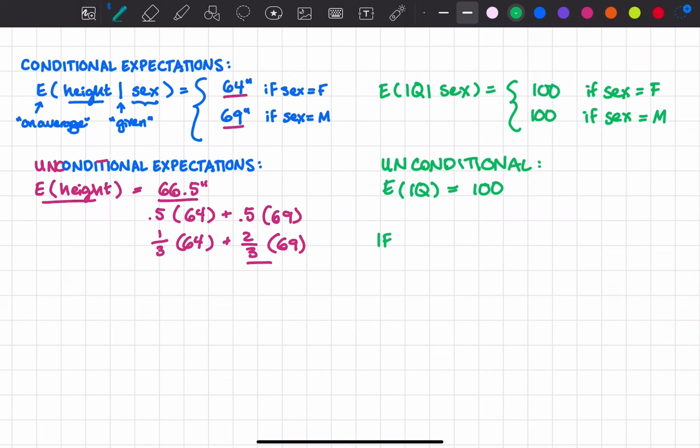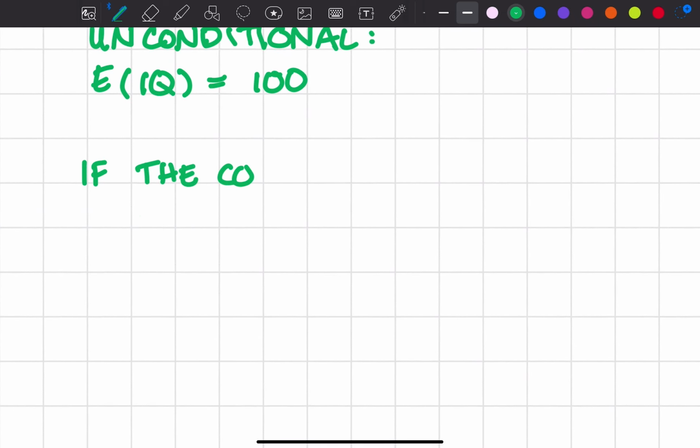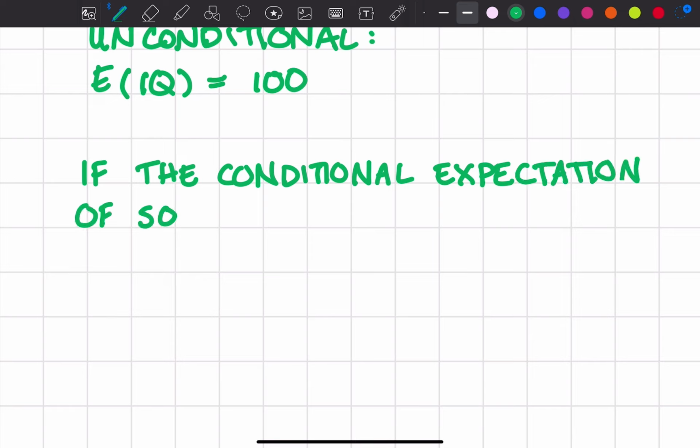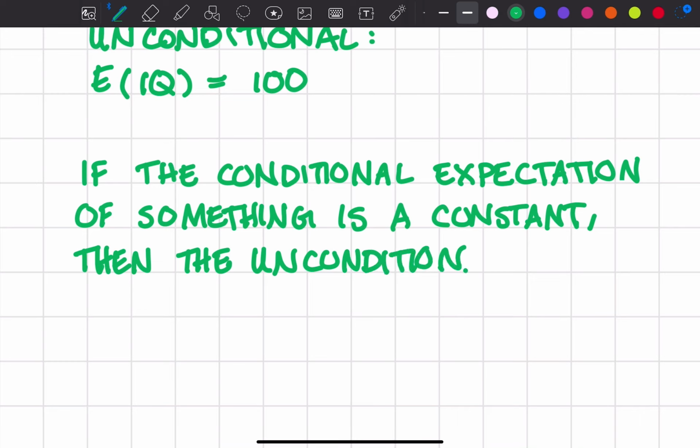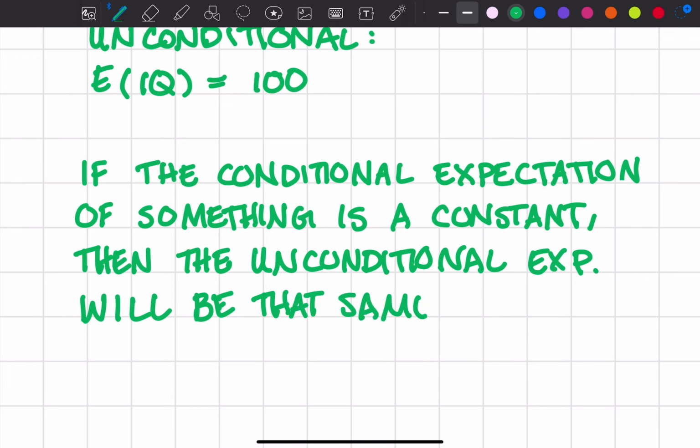If the conditional expectation of something is a constant, then the unconditional expectation is always going to be that same constant.